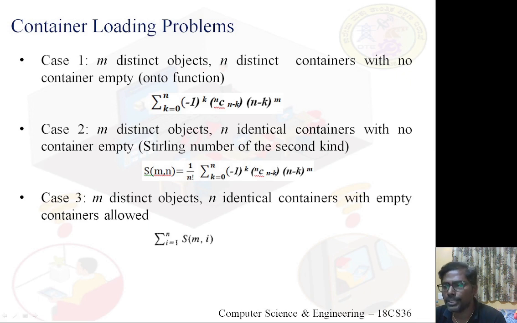Containers may be distinct or containers may be identical. I repeat. You are given m distinct, m unique objects and n containers. Containers may be distinct or may be identical. The problem is filling these m distinct objects among these n containers.